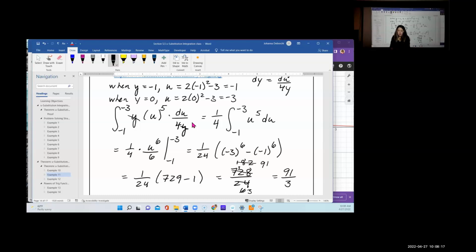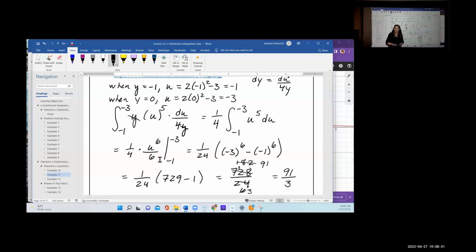And I haven't been checking my answers with my notes, so maybe I should do that. Yep, 91/3. Okay. So in the u-substitution, we never just go back. That's why this method is faster.